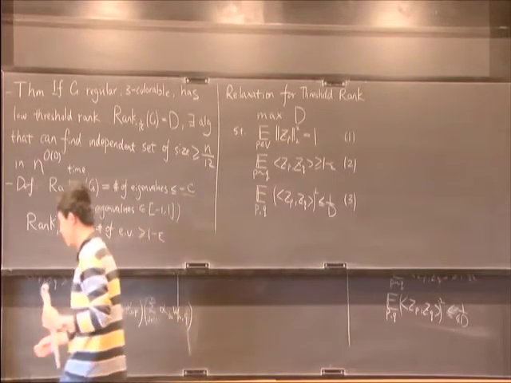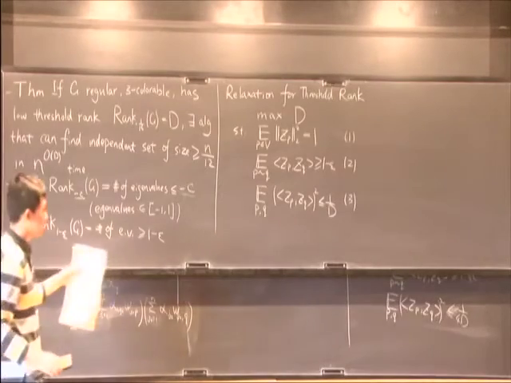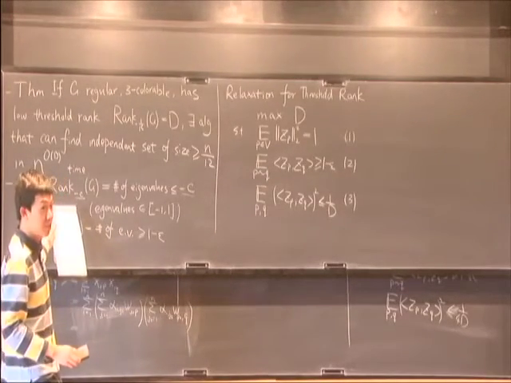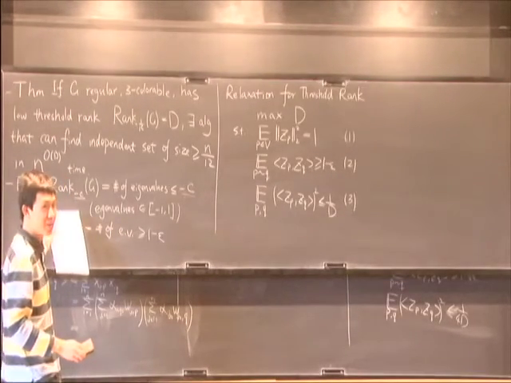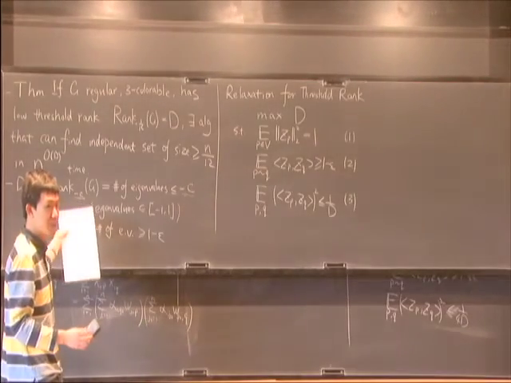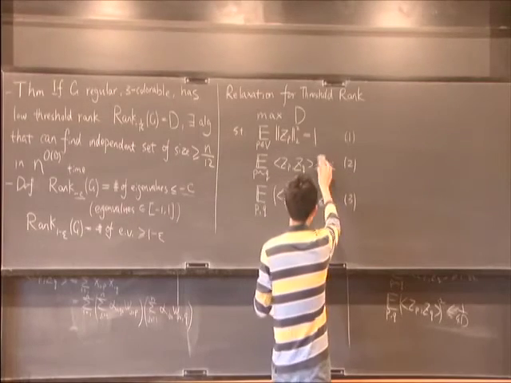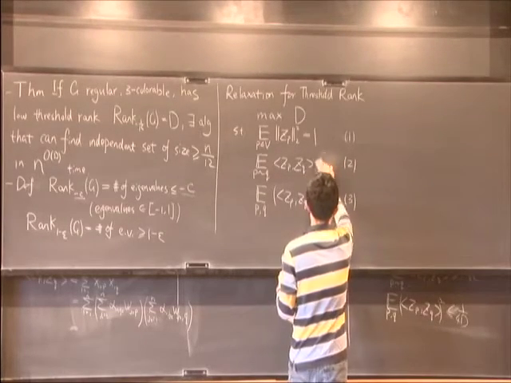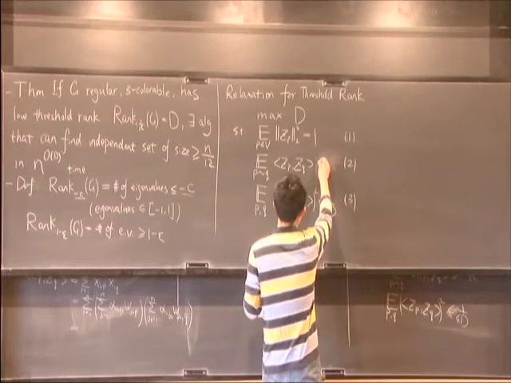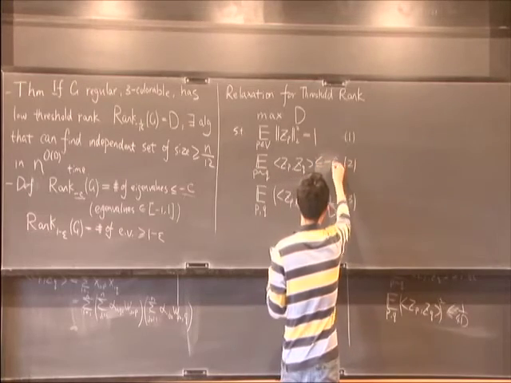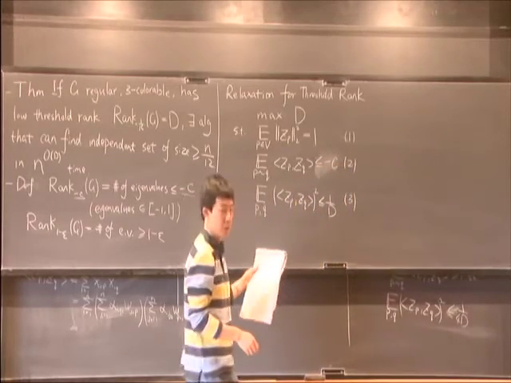Let me just tell you the result for the negative eigenvalues, because that's what we are using. But the proof is similar to this. So for negative eigenvalues, the relaxation is actually this, less than minus c.